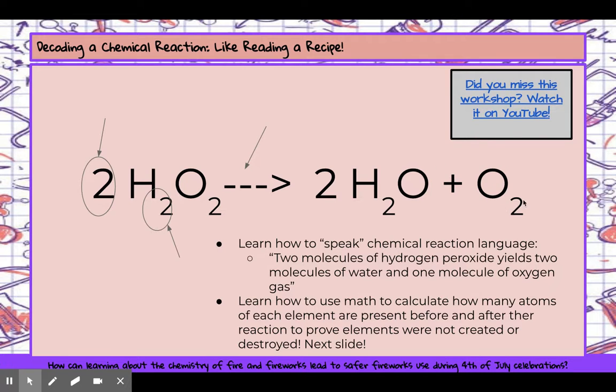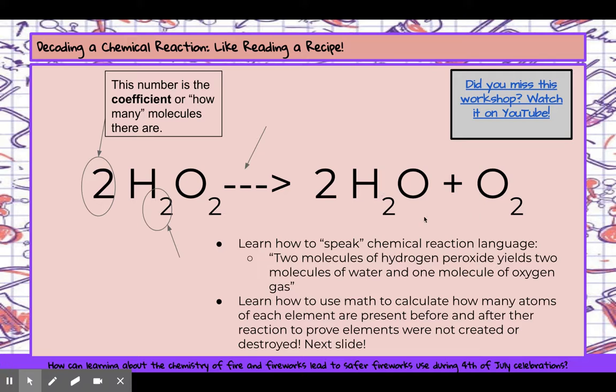The bubbles are oxygen gas, and the liquid that's left behind after the reaction has occurred is just plain old water. So let's talk about what all these numbers mean in the reaction. The 2 in front of this formula for peroxide means there are 2 H2O2s, 2 molecules of peroxide.